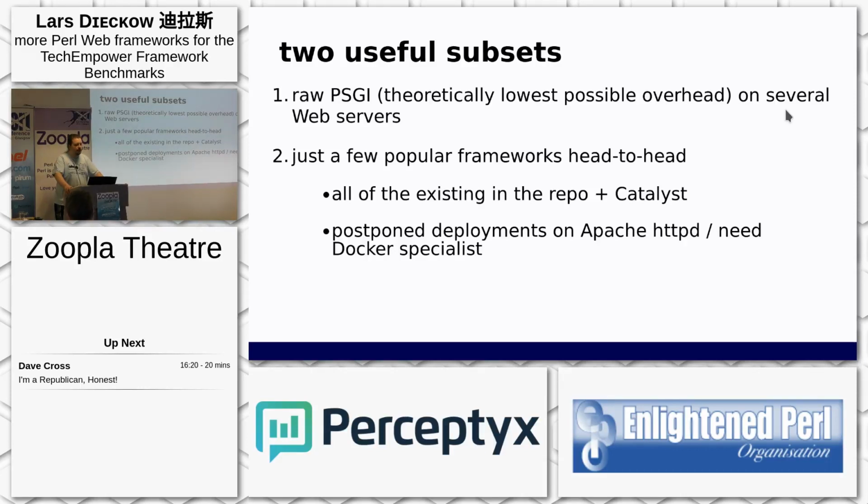And the other subset is extending the popular web frameworks which are available there with Catalyst, because this is a huge one by user base, but is missing in the benchmarks.